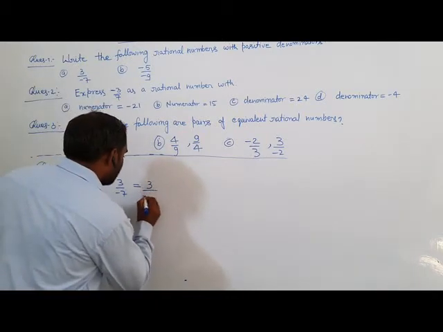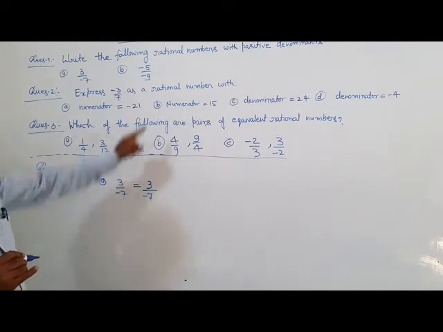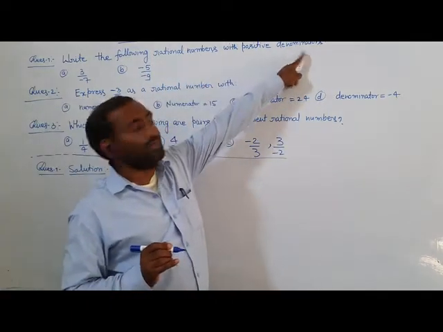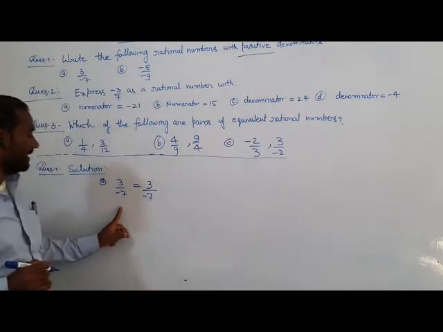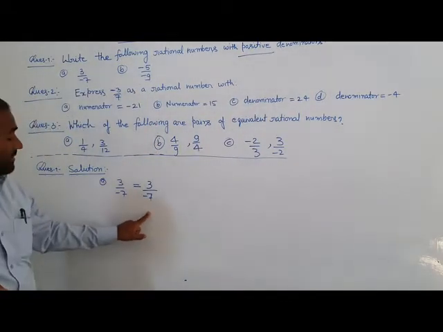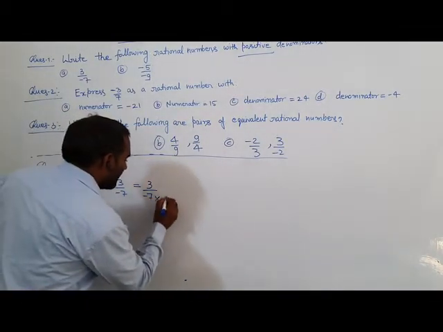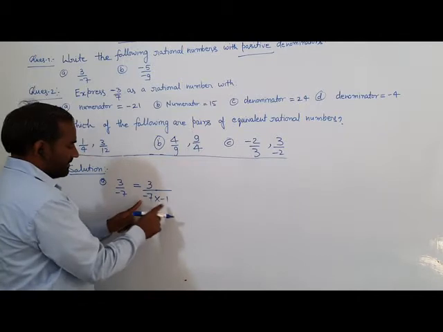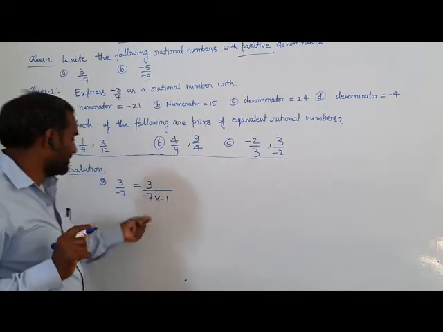3 by minus 7. According to it, denominator should be a positive denominator. So we multiply minus 1 into minus 1, because the product of same sign will be positive.